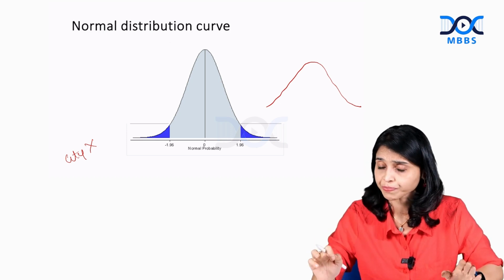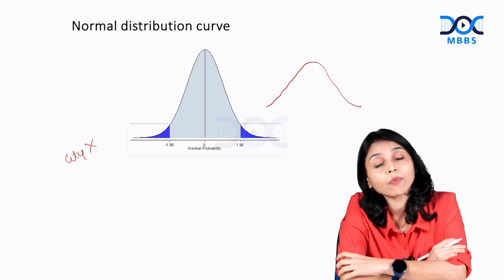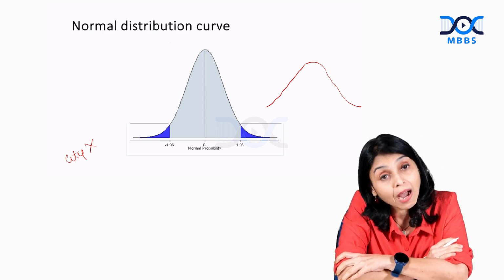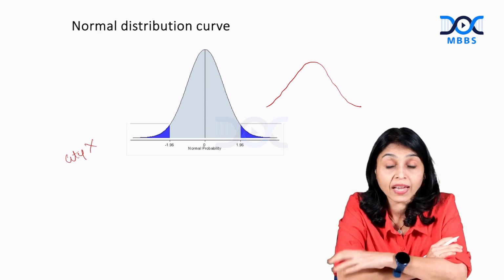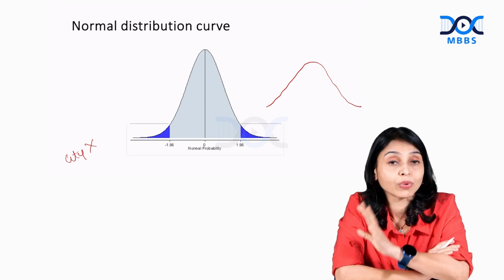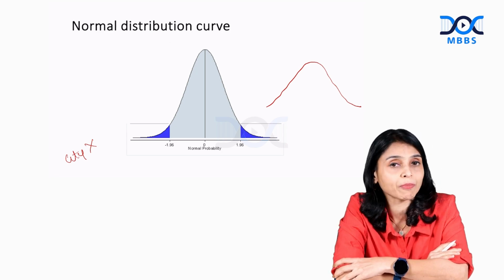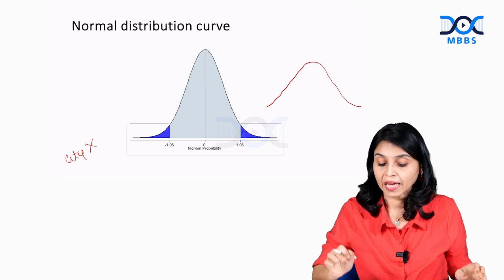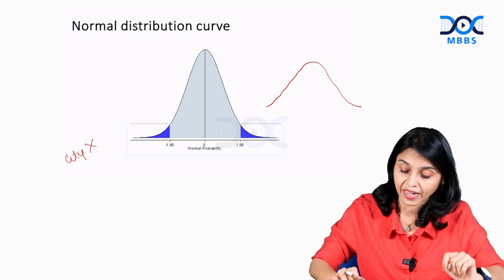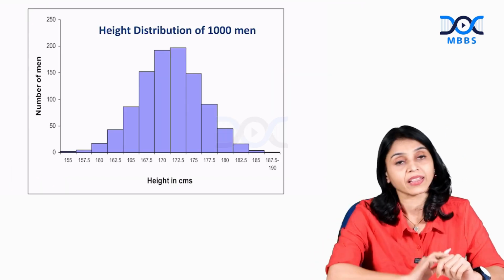That is not feasible. So what I'm going to do is, I'm going to take a sample of 1,000 men. Instead of taking every male, I'm just going to take a sample of 1,000 males from that population, and I am plotting their height like this.